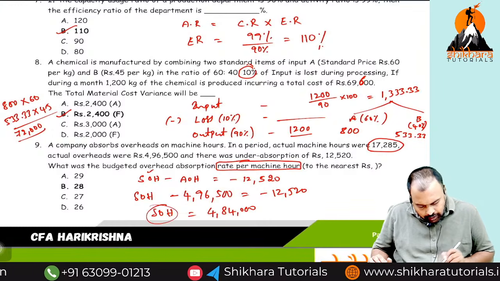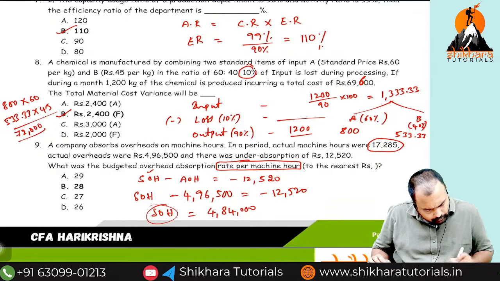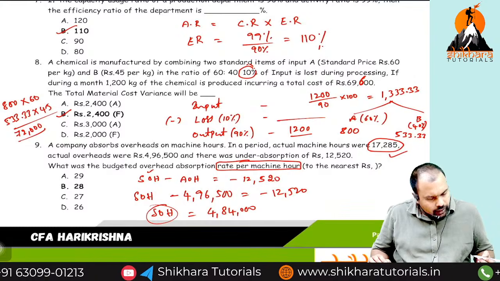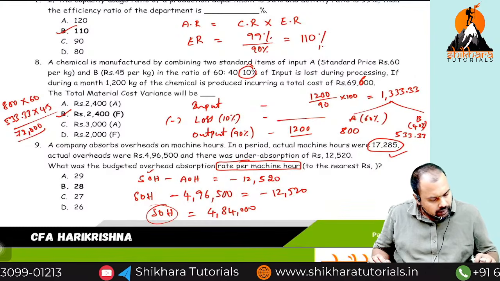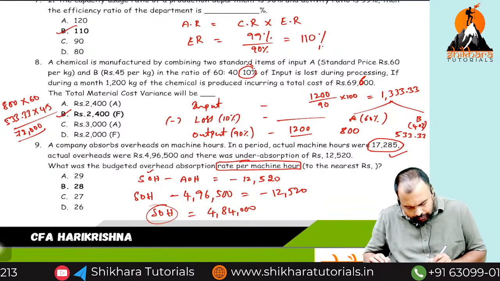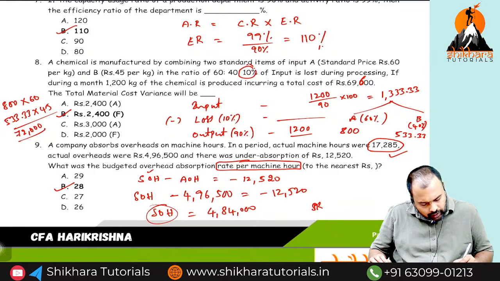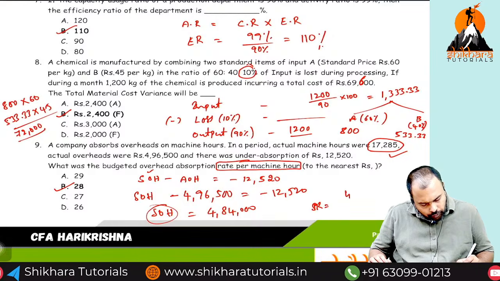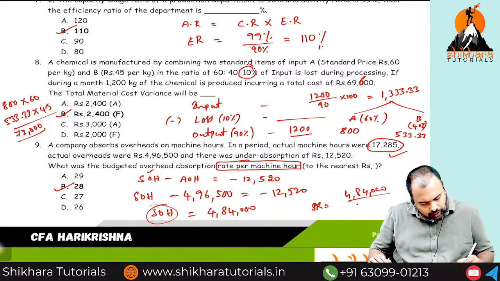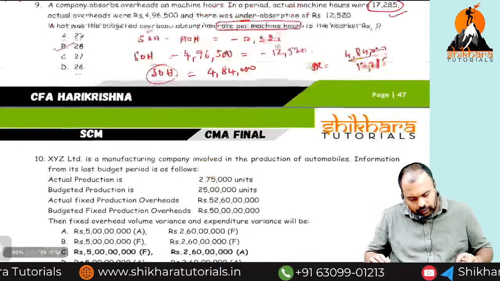The SOH is always for actual, right? So actuals ours is how much? 17,285. So that divided by 17,285, which leads you to 28. Clear? So they say that standard rate is always equal to 4,84,000 divided by 17,285, because SOH is always for actual production.